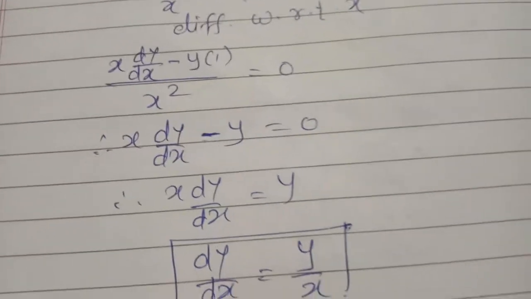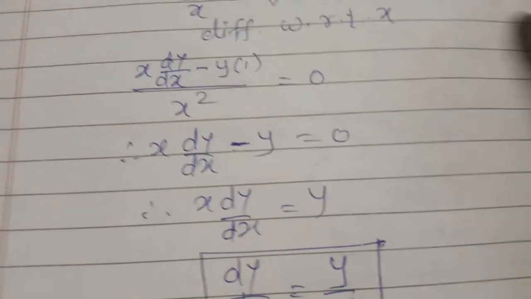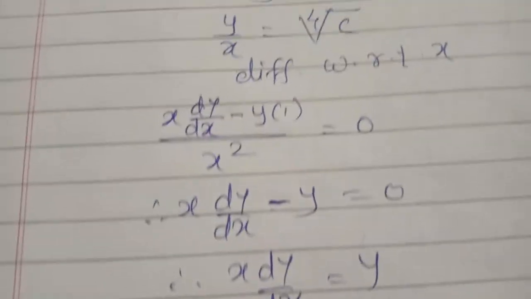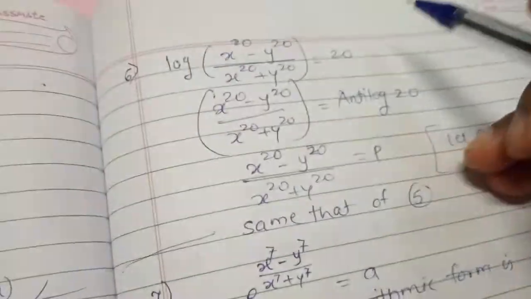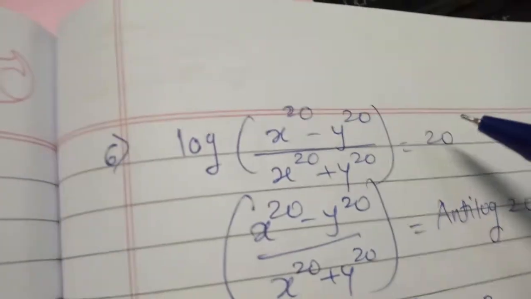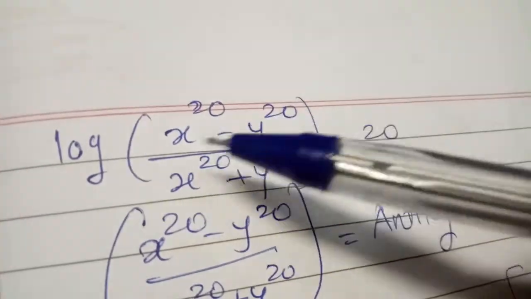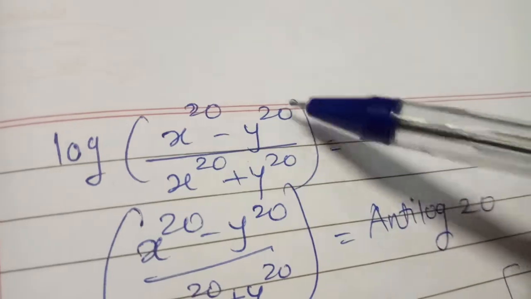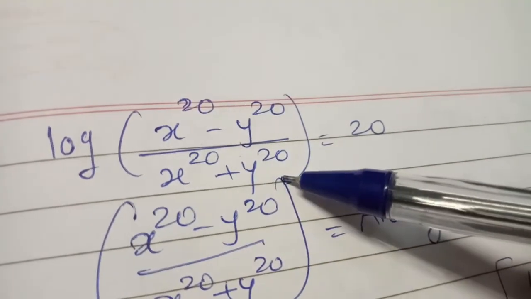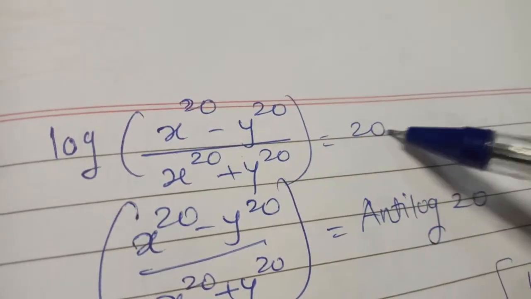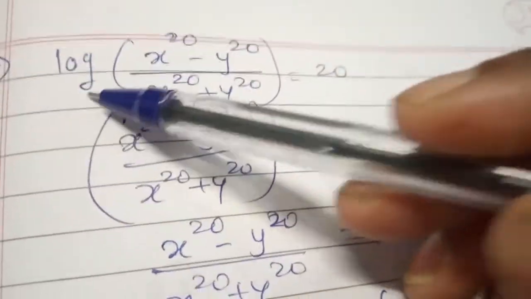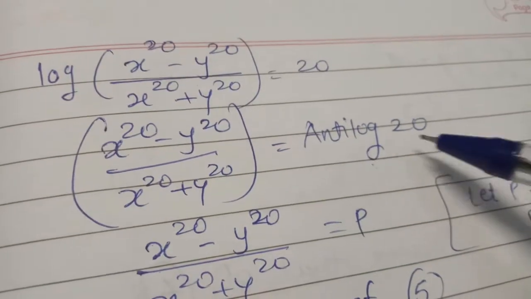All examples have the same method, so you can solve example number 6 also by the same method. Just see example number 6. Now there is a log. So log of x raised to 20 minus y raised to 20 upon x raised to 20 plus y raised to 20 is equal to 20. Now we are moving this log to this side, so it becomes anti-log.